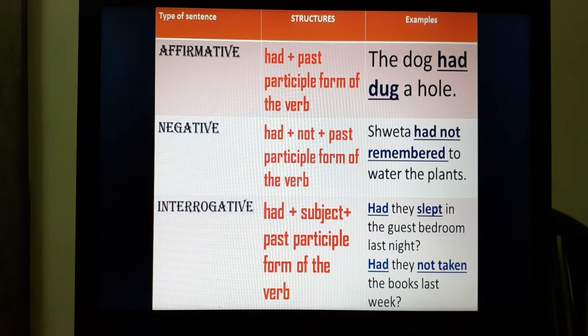Example, Shweta had not remembered to water the plants. Had not remembered. Remember is the base form of the verb. In interrogative, the structure for past perfect tense is had plus subject plus past participle form of the verb. Had they slept in the guest bedroom last night? Had they not taken the books last week?